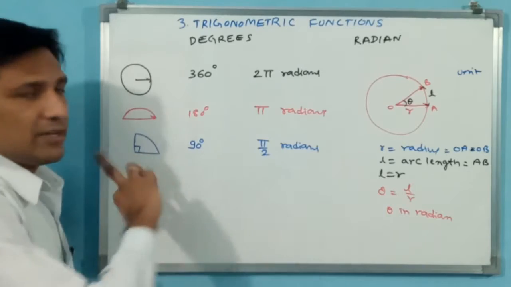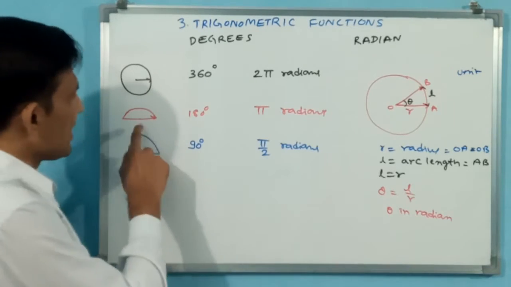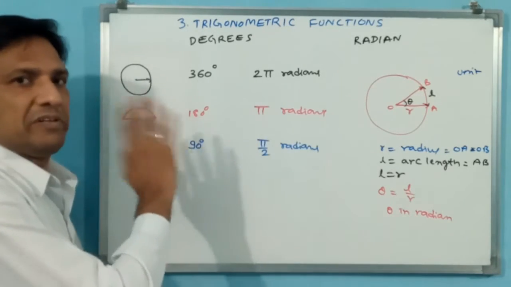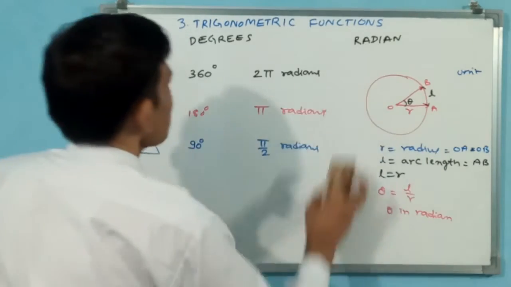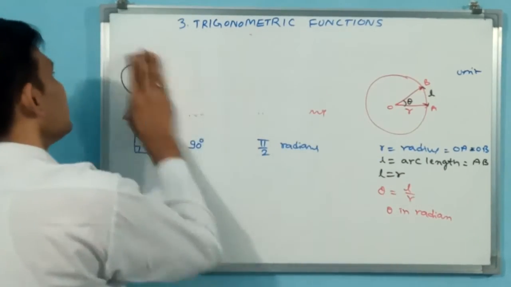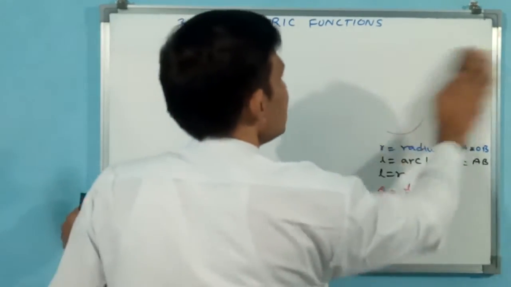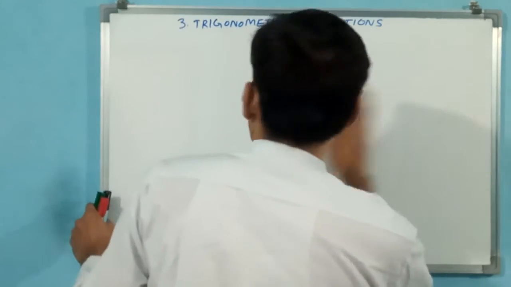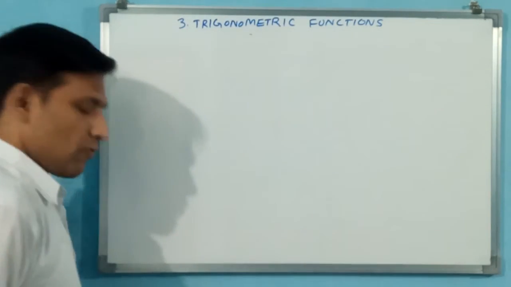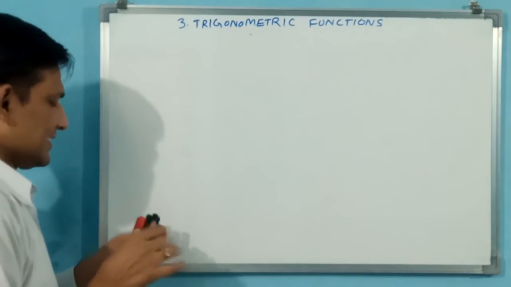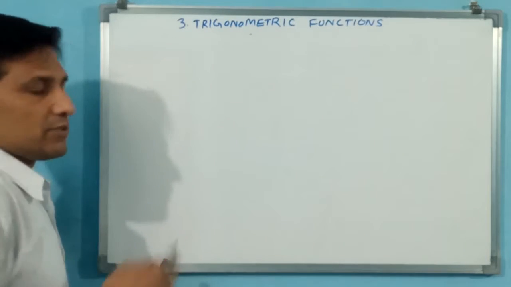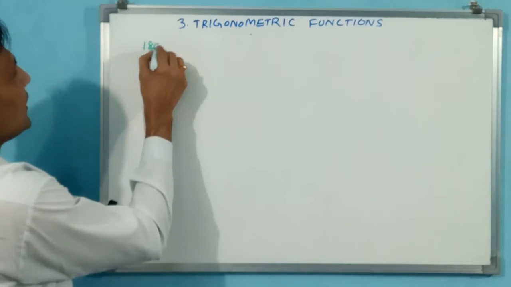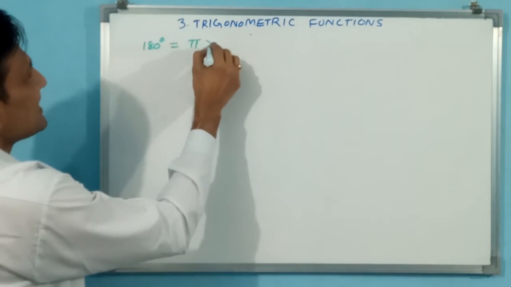Okay, degree to radian equivalences. What I said, 180 degrees is equal to pi radians. This we will take as standard, and we will draw some figures. Now what we understand, you see, 180 degrees is equal to pi radians.